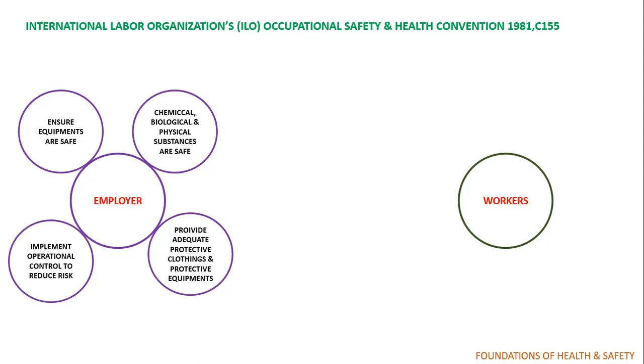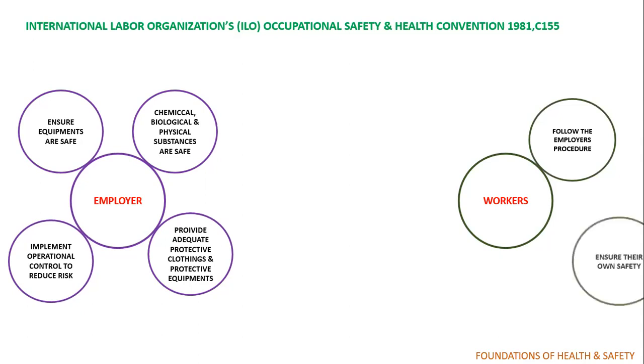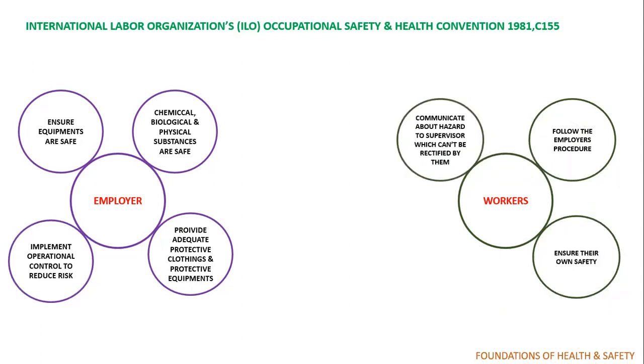But now, what are the responsibilities of the workers? The worker should follow the employer's safe procedures. The worker should ensure their own safety. They should not put themselves at risk. Then the worker should communicate to their supervisor any hazard which cannot be rectified by them.